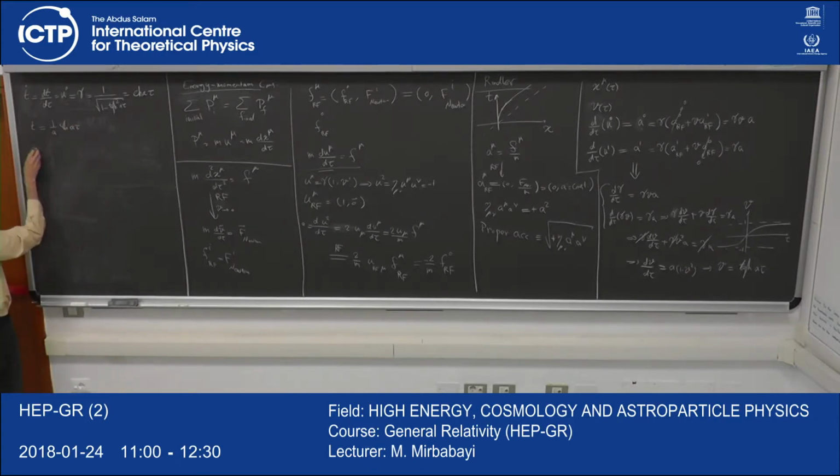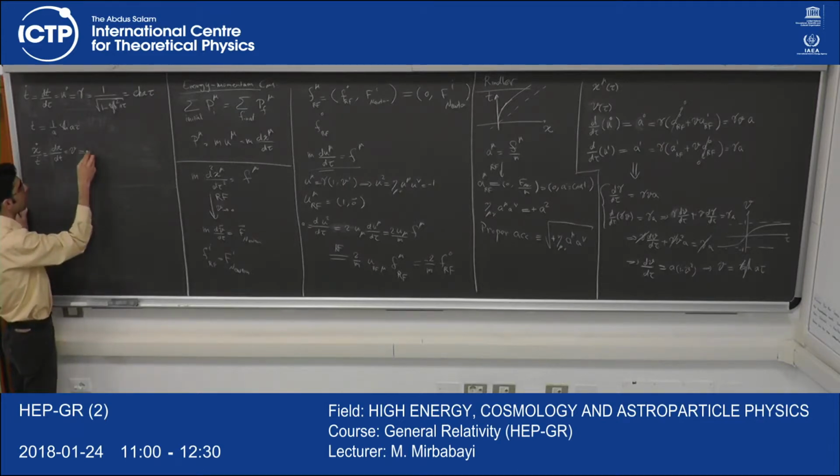And then we can similarly solve for x dot. So for instance, x dot over t dot is v. Right? This is just dx dt. This is v, and this is equal to tangent hyperbolic of a tau.